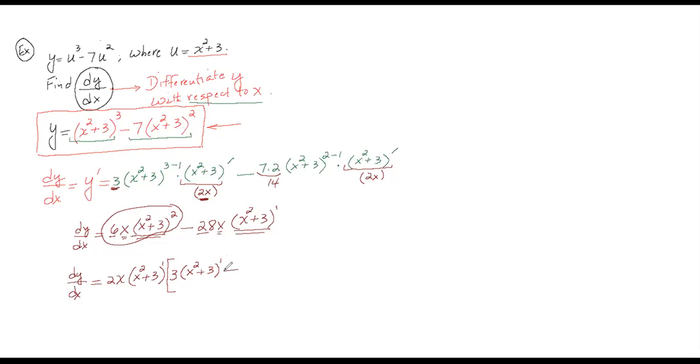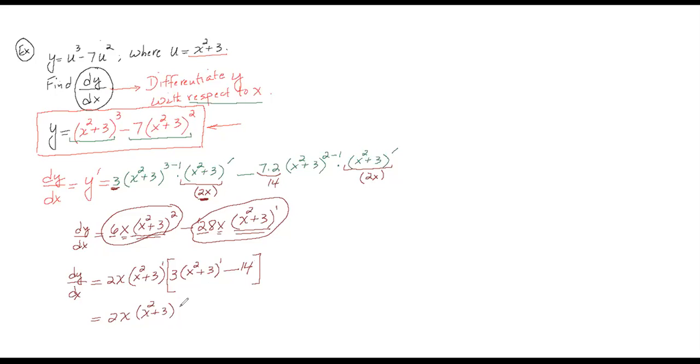Now let's factor 2x(x squared plus 3) from the second term. Again, 28 divided by 2 is 14. x into x is canceled. (x squared plus 3) over (x squared plus 3) is canceled. So the second term just gives you a negative 14. And then if you simplify that, that's 2x times (3(x squared plus 3) minus 14).